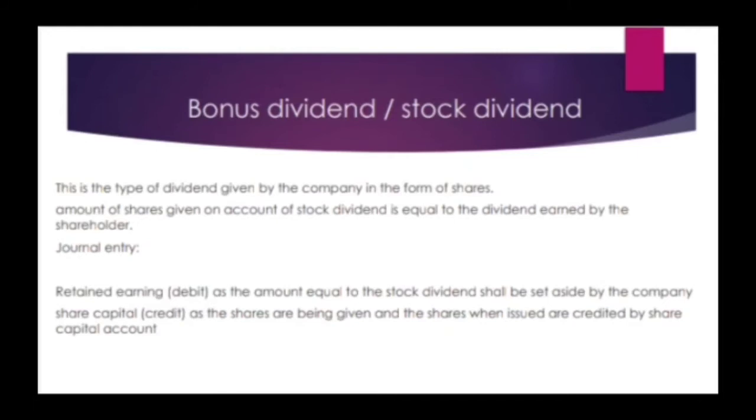Then share capital credit. As we have discussed before, shares when issued are credited to the share capital account. So whatever the form of issuance of shares, share capital will be credited.